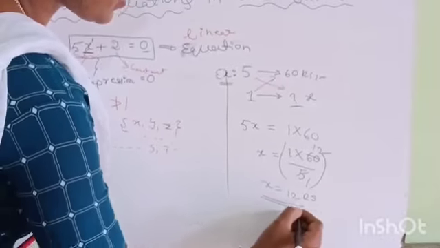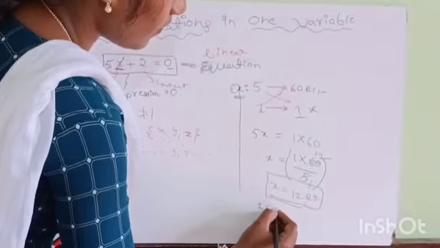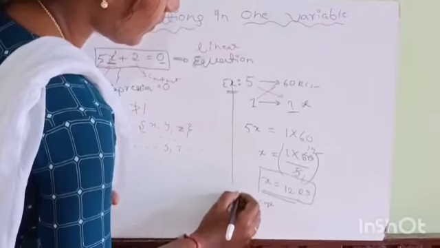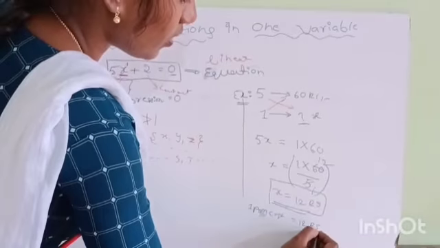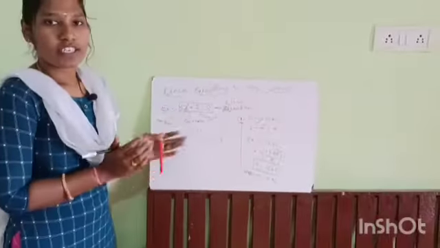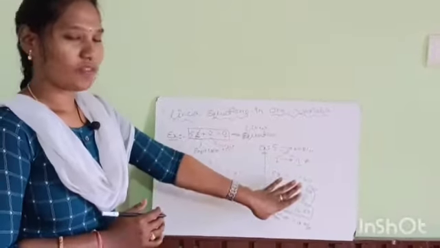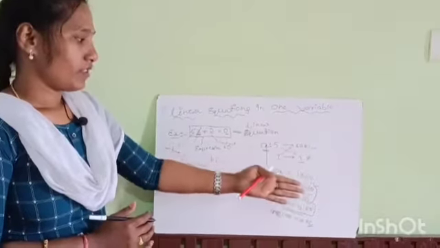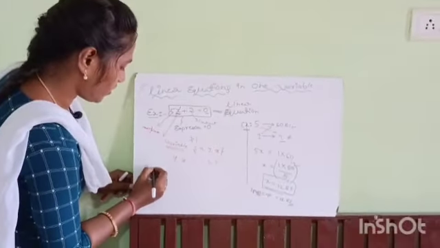So this is the x value. So the cost of 1 pen is 12 rupees. Like this we can use these equations in our life, but no need to worry, you won't come across too many problems like this, only simple problems.